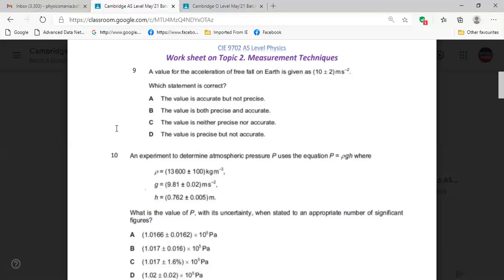That's why the value is accurate, but not precise because the range is very big. Is it clear? Yes, sir.